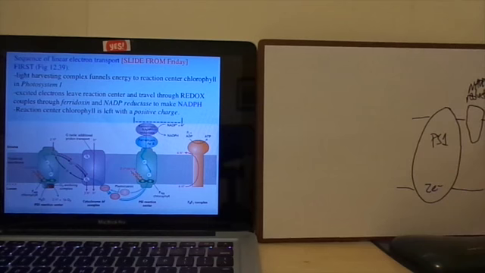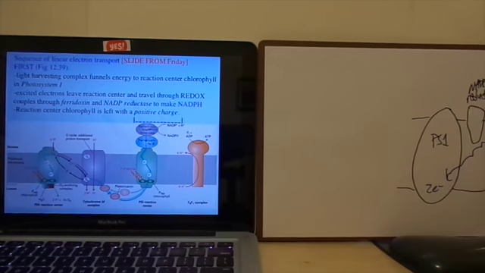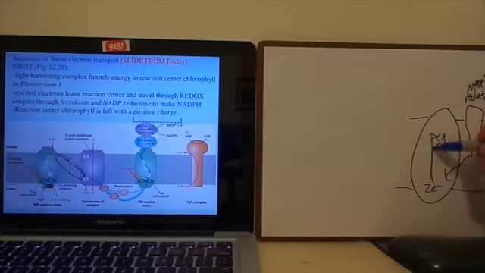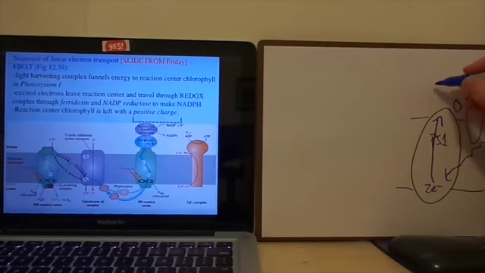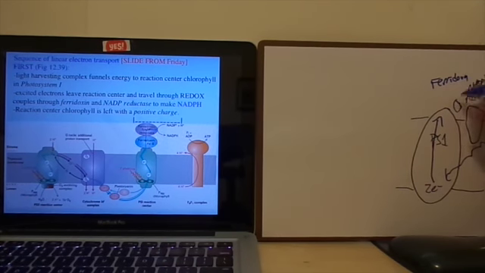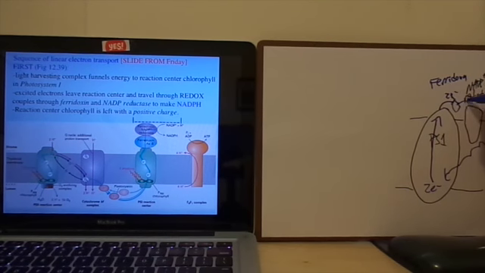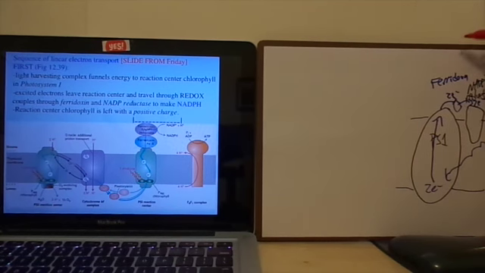Let's see if I can do this without knocking over my clipboard. There are the excited electrons. They're going to get picked off by ferredoxin. That's the shuttle. Right. They go like that, and they go over here. And when you're done, you end up making NADPH.